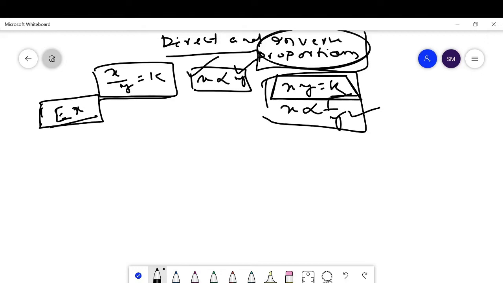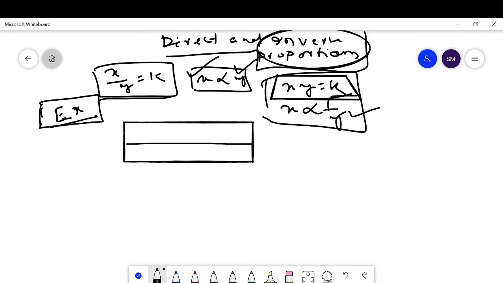How many words would she type in 8 minutes? Here when the time period increases, the number of words increases. This is direct variation. When this is direct variation, then x upon y is k, a constant.